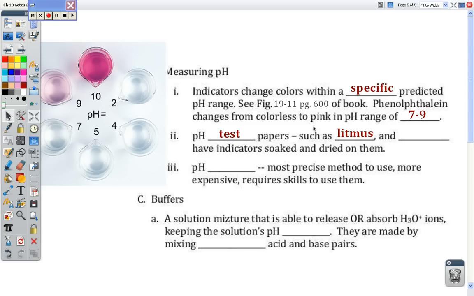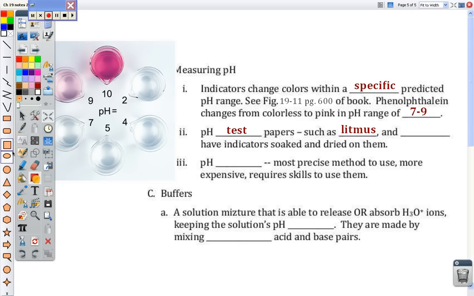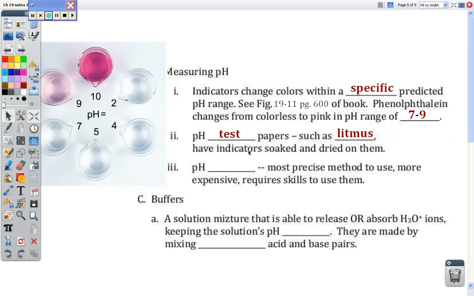Litmus paper has indicators that are soaked and dried on it.